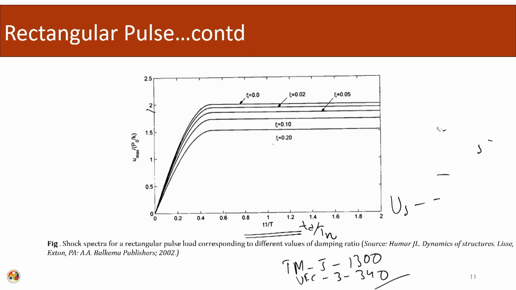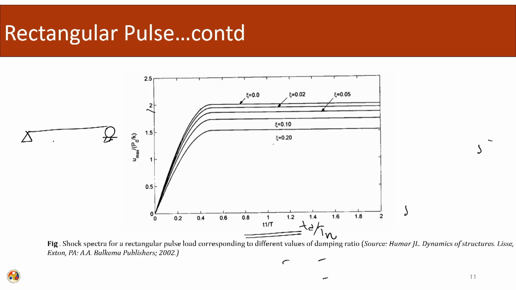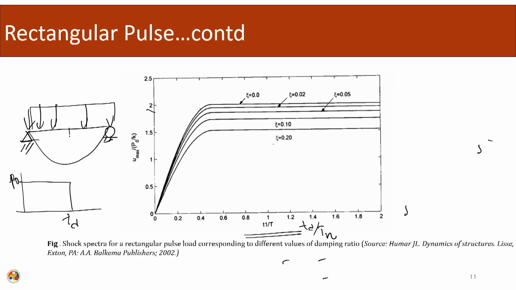Let us say we have a beam applied by a uniformly distributed load, and it has a certain time variation. Let us say the time variation is in terms of this pulse. Then we can choose the degree of freedom.